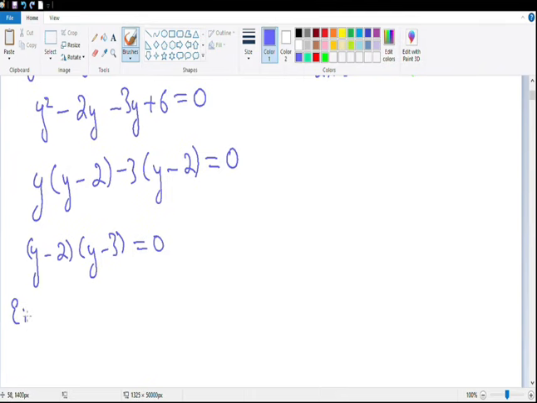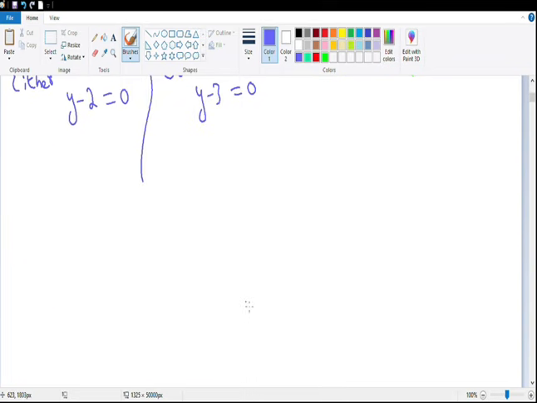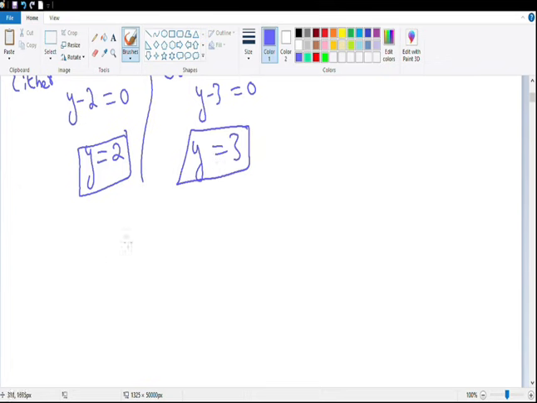So either y minus 2 is equal to 0, or y minus 3 is equal to 0. So y is equal to 2, and y is equal to 3 this way. So we get y is equal to 2 and 3.